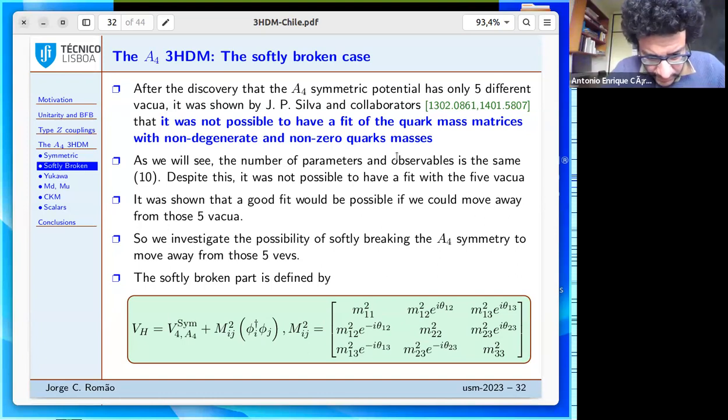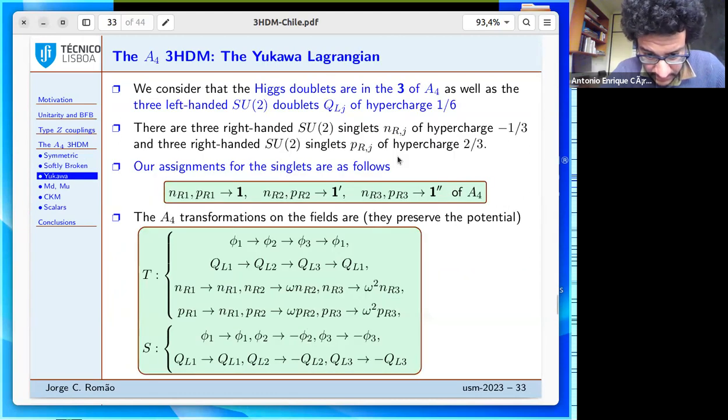I was wondering, in this model with quarks, about the other possibility, for example, of having the right-handed quarks unified into an A4 triplet, and the left-handed quarks assigned as different A4 singlets. Would that case work without adding the breaking term?